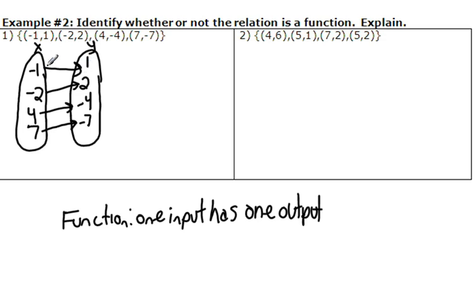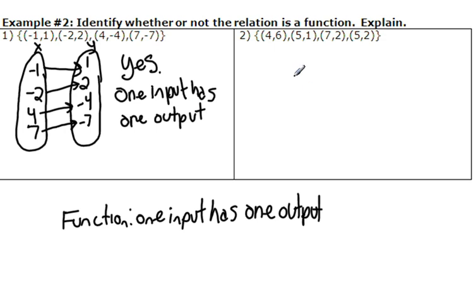So I can tell from my mapping that every x value has one y value because there's only one arrow going from each of my x values. So this is a function, yes. And the way I explain it is one input has one output. So it's basically the definition of a function.